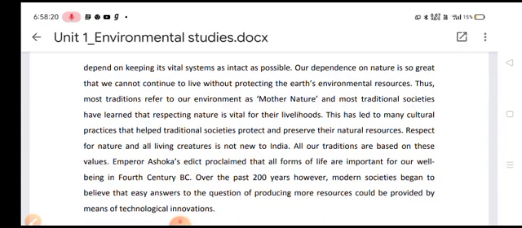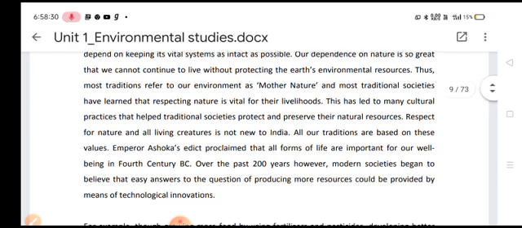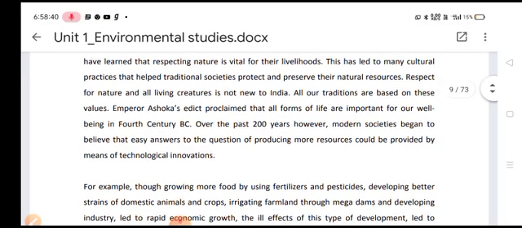Our dependence on nature is so great that we cannot continue to live without protecting the earth's environmental resources. Thus, most traditions refer to our environment as Mother Nature, and most traditional societies have learned that respecting nature is vital for their livelihood. This has led to many cultural practices that help traditional societies protect and preserve their natural resources.